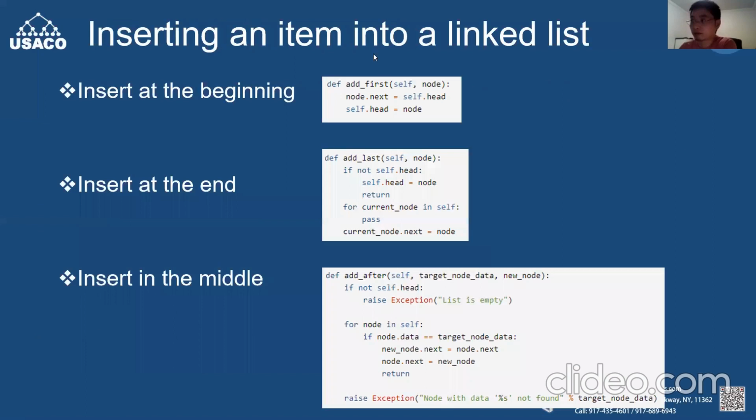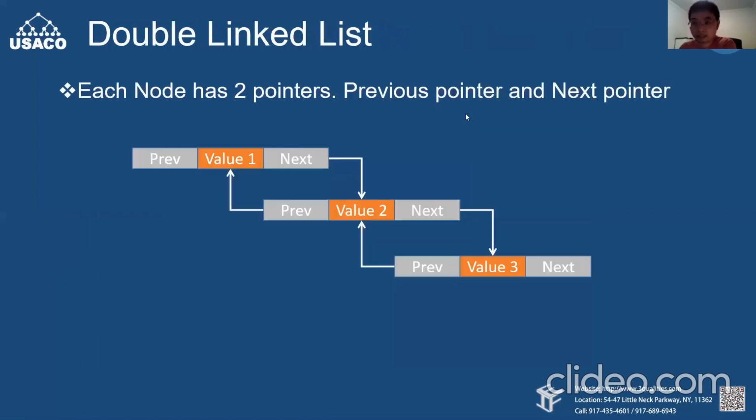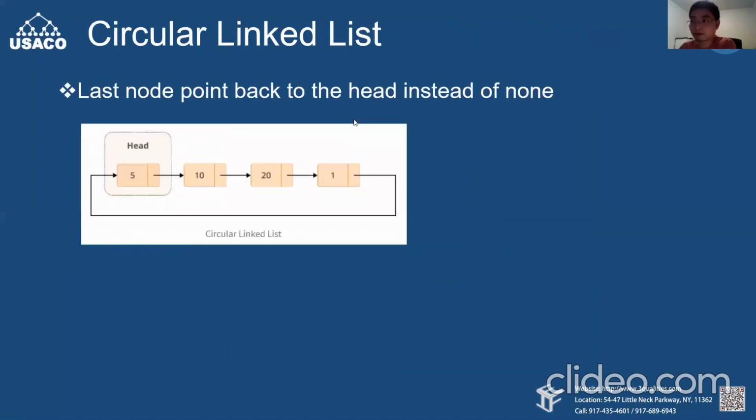Inserting a new item into a linked list, and then removing an item from a linked list. That'll be a little more complicated, so I want to cover it next time. And also we're going to talk about double linked list, circular linked list. Okay, that's it.